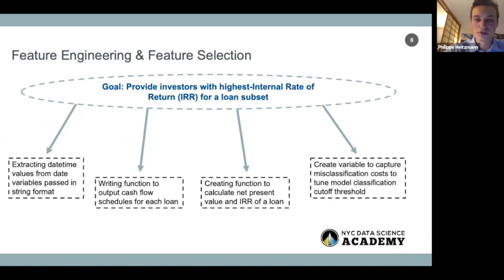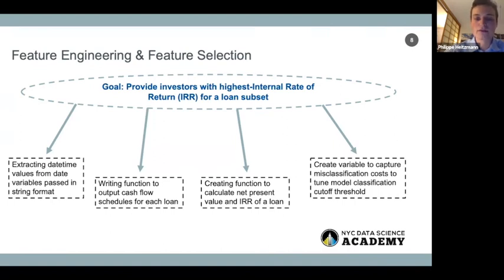So in this case, as we were trying to create those tools that would show investors which loans were the highest IRR loans, we had to extract datetime values from the date variables that were initially in string format, and then use that to create functions that would allow us to calculate and produce a cash flow schedule for each of our loans.